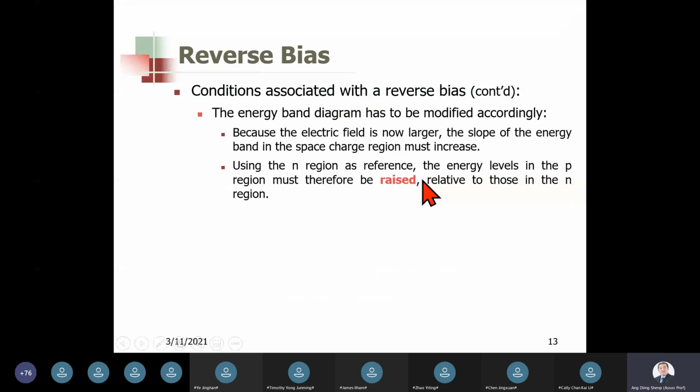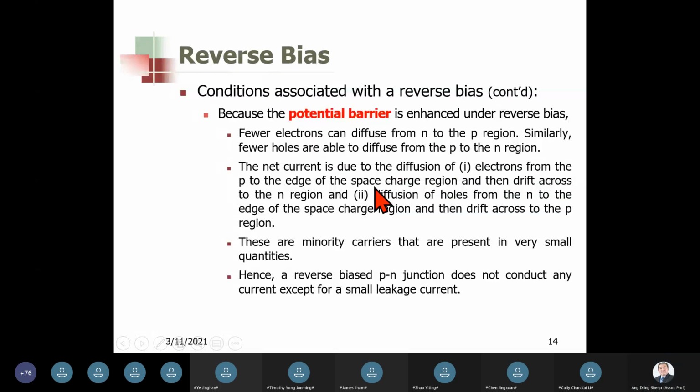This slide simply summarizes how the band diagram can be modified under reverse bias condition. And this slide simply summarizes why the PN junction can only conduct a very small current under reverse bias condition, because the charges that can move across the junction under reverse bias are the minority carriers on both sides of the junction.